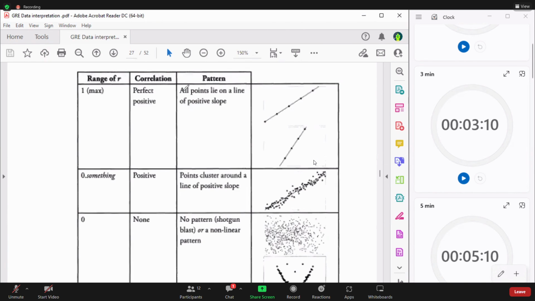What do we do with scatter plot? It is basically a graph only, but if the points are collinear, that means they are in a single line, and the slope of the line is from left bottom to top right, then it is a positive correlation.